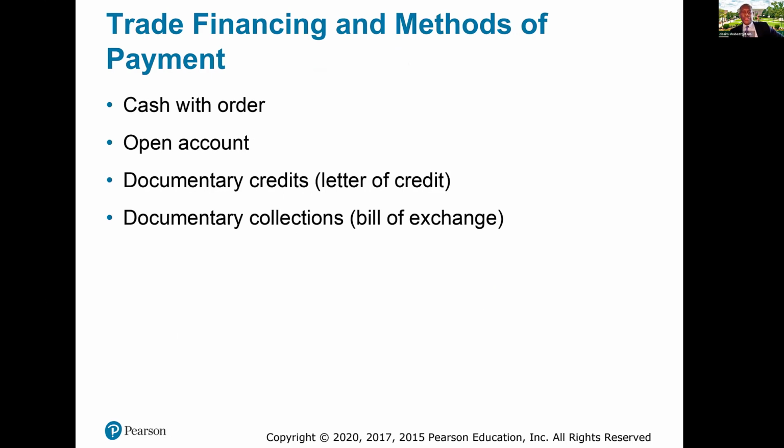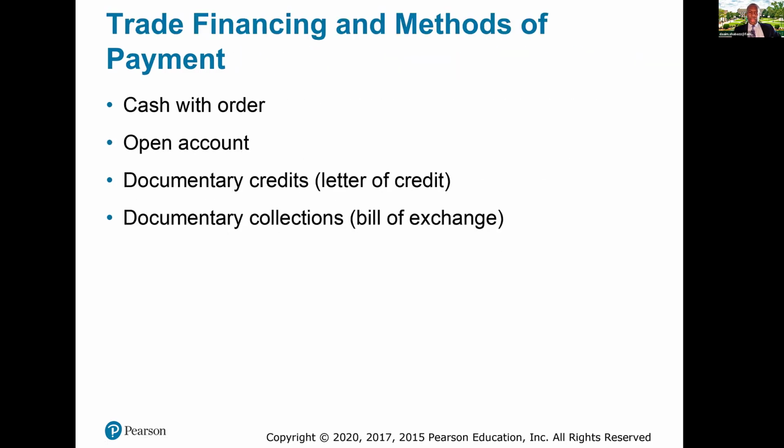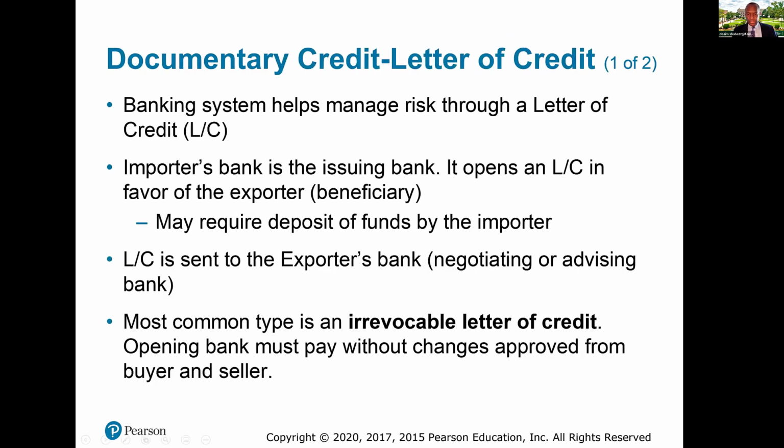You also have a method of payment. And usually they have a diagram in here that shows you how the flow works. And if you bear with me, I might be able to find one. They actually should have a diagram on that because that's pretty important.